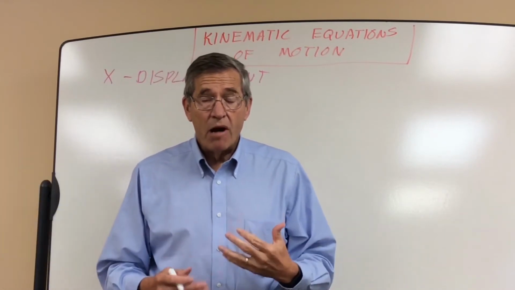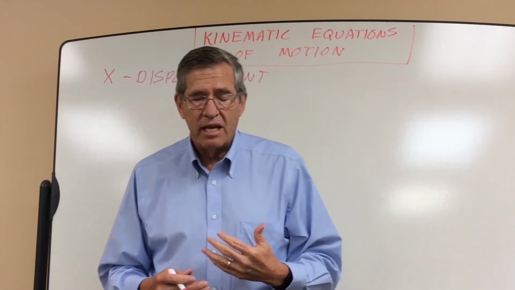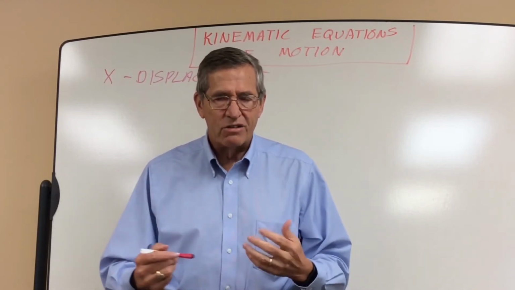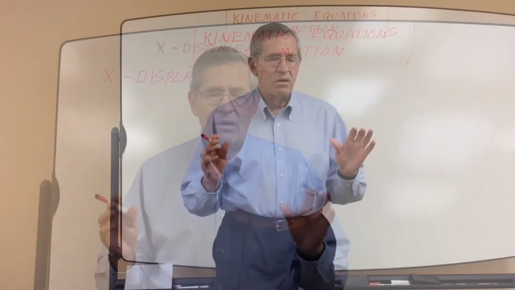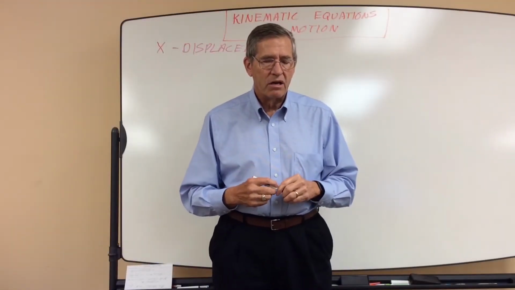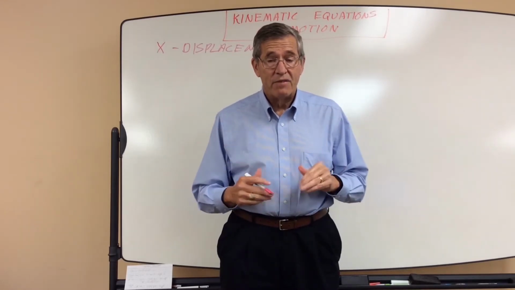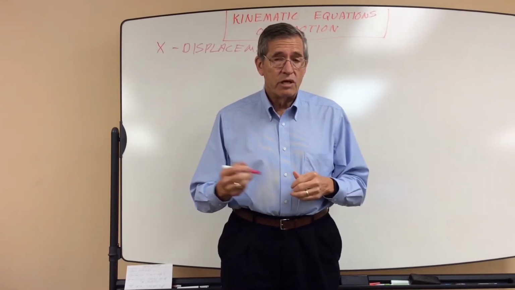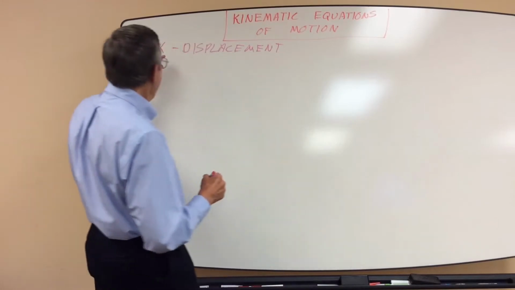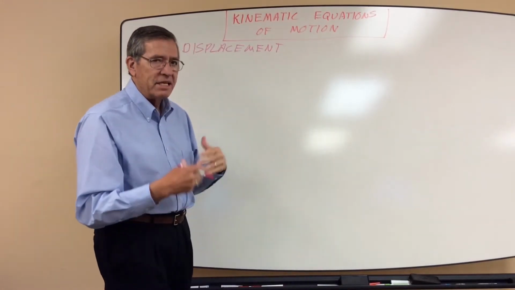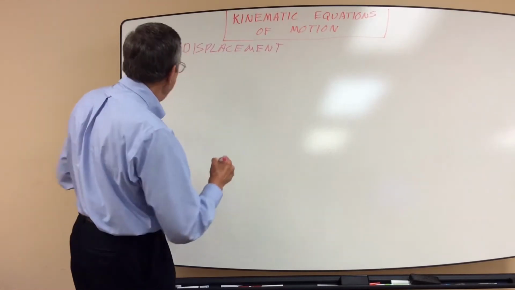Now, in many problems of using the kinematic equations, you really don't have to worry too much about the directional characteristic of a vector, but we're going to define it as a vector and use it as we go forward. Okay, so x will be the displacement, or how far something has gone, realizing that there's a direction involved to that.